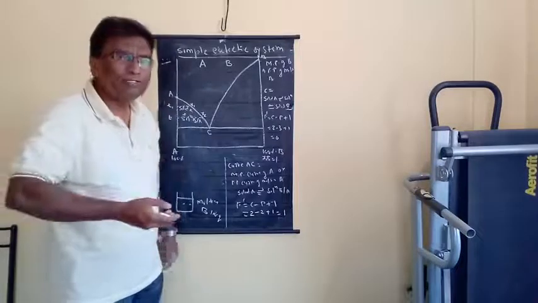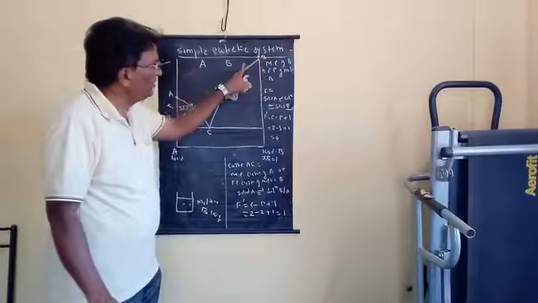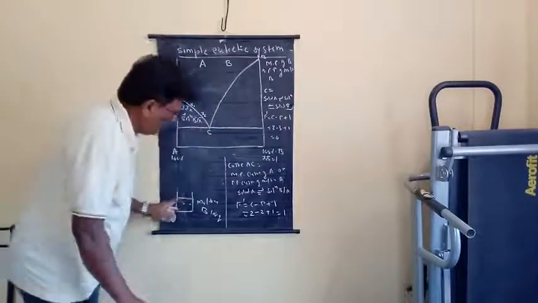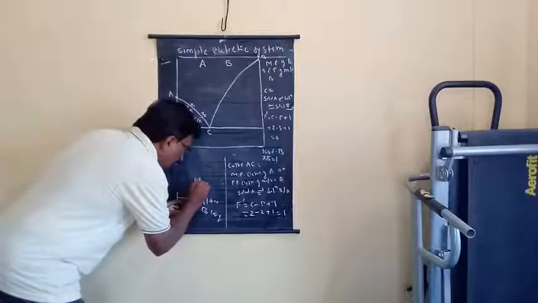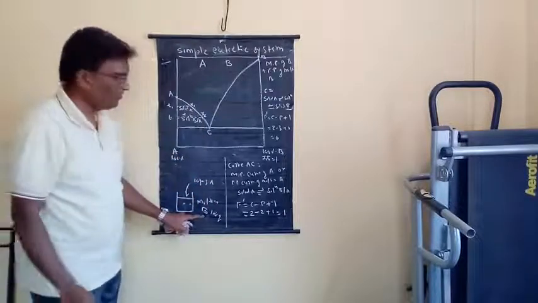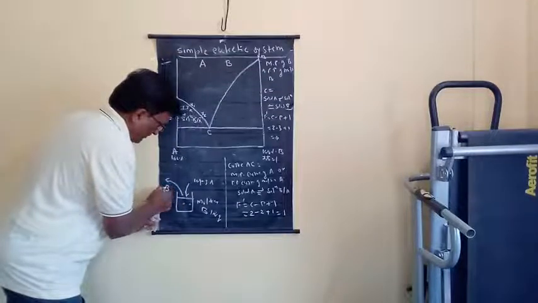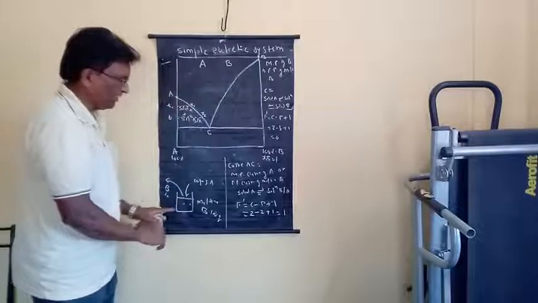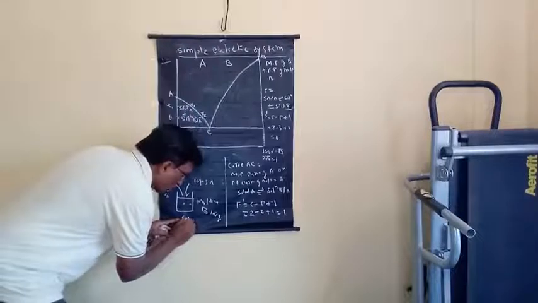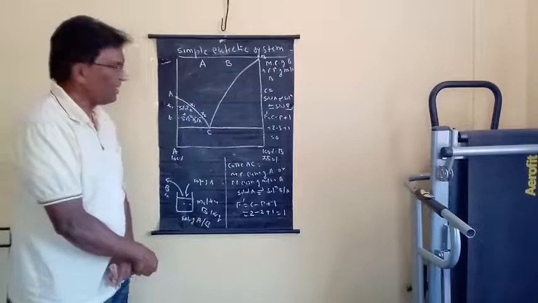Solid B separates out and A passes in solution, in equilibrium along this curve BC. Now suppose we add 10 gram of A in this particular molten mass of B, then 10 gram solid B separates out, and this A passes in solution to form solution of A in B.